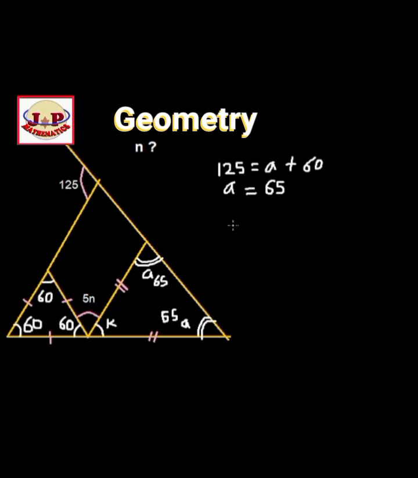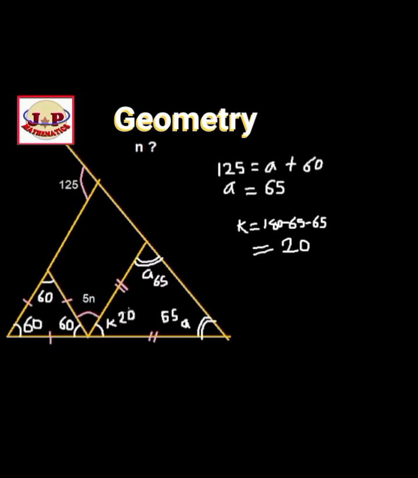Now to find K, K will be equal to 180 minus 65 as one of the base angles minus another 65 as the other base angle, because we are talking about the sum of angles in a triangle, which must give 180. So 180 minus 65 minus 65. Subtract carefully, we get 20 degrees. So this place is 20 degrees, so K is equal to 20 degrees.